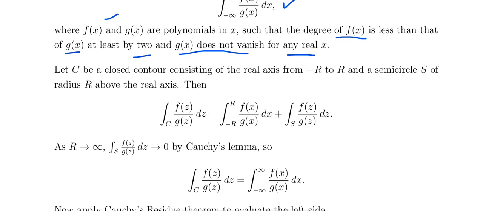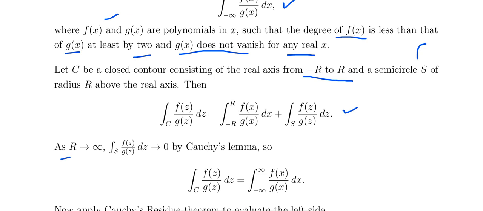That is the condition. So C is a closed contour consisting of the real axis, that is minus r to r, and a semicircle s. Sometimes gamma can also be used. The semicircle s is of radius capital R above the real axis. Then the integral over C is the integral from minus r to r of f of x by g of x dx plus the integral over s of f of z divided by g of z dz.